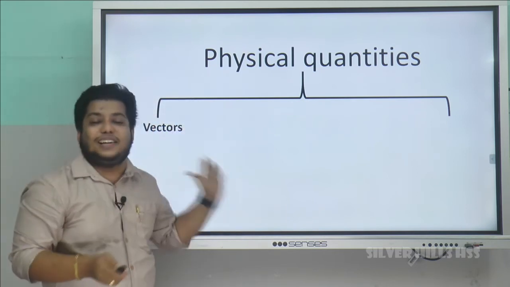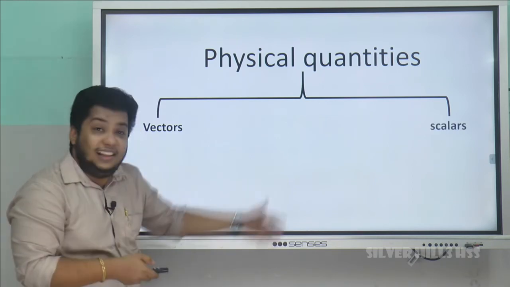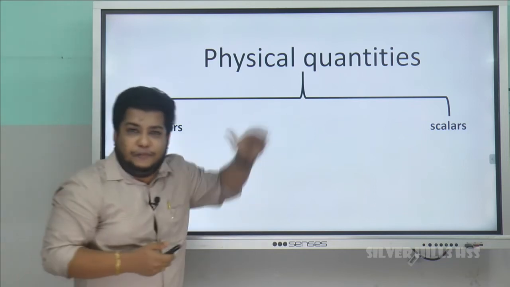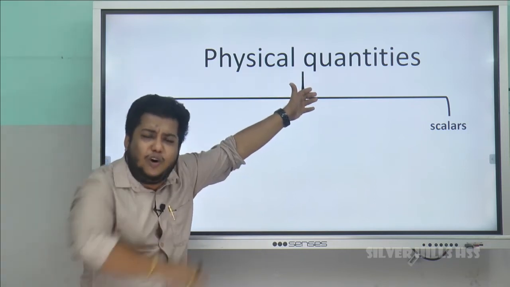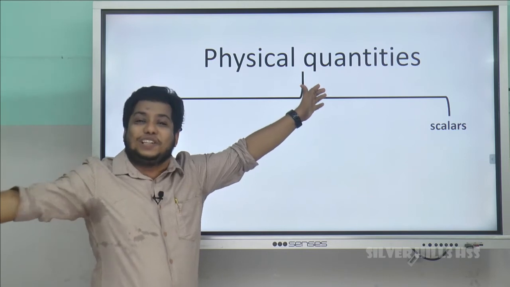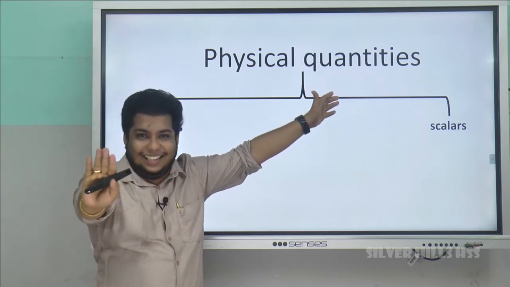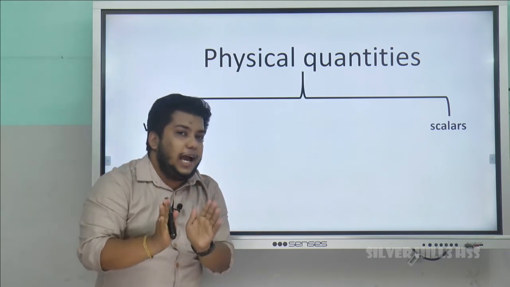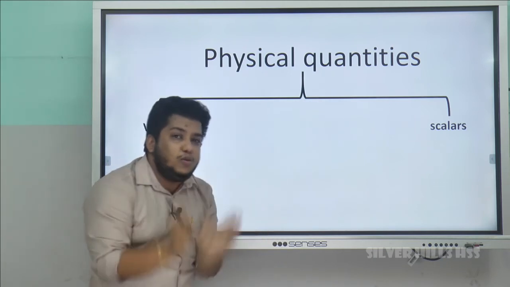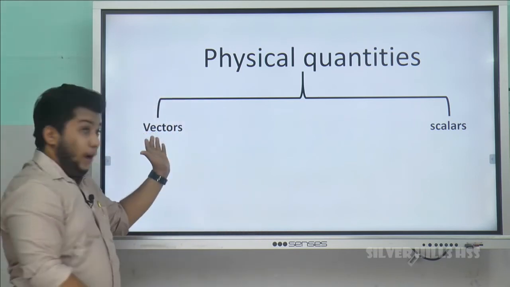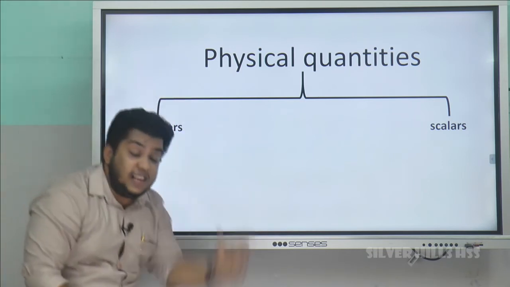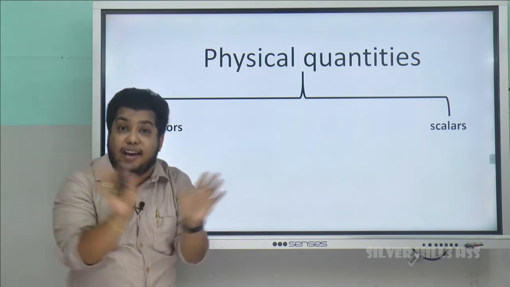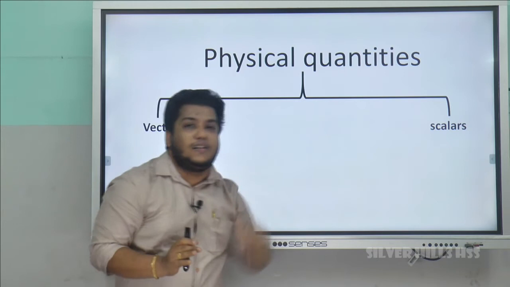Another class is called scalars. Scalars means physical quantities which have only magnitude, no direction.